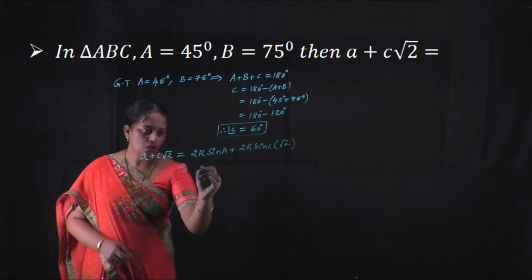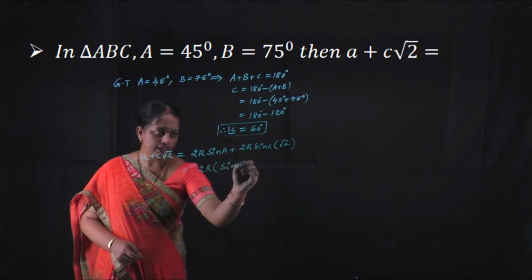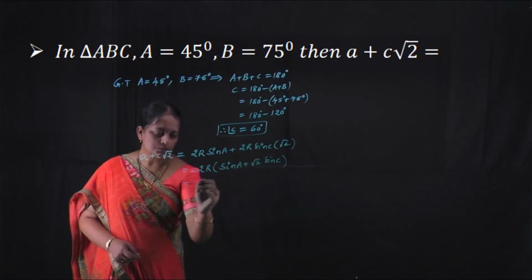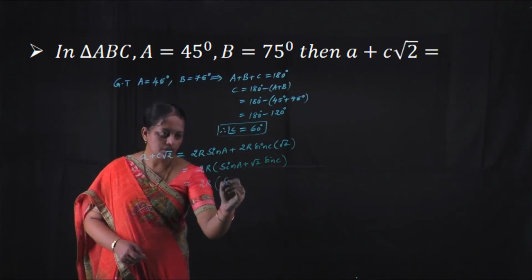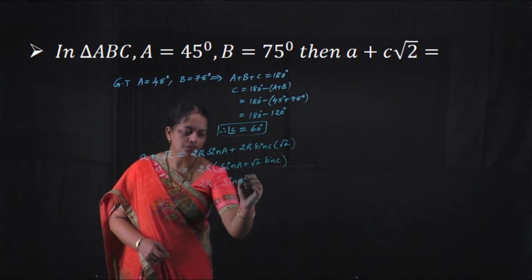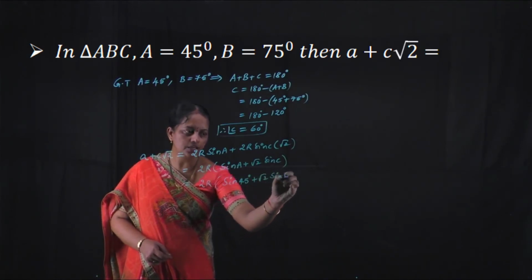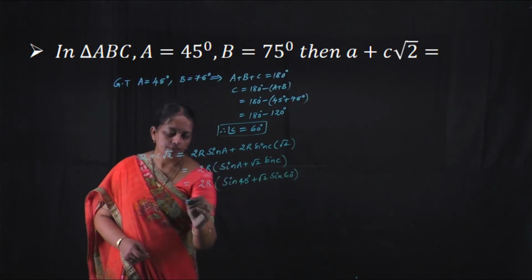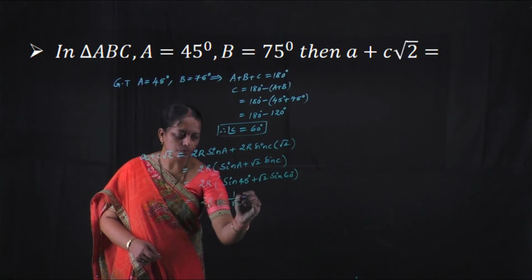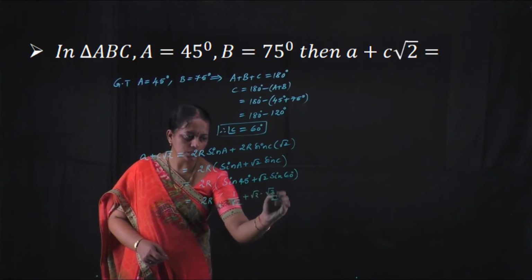By taking 2R as common, we get 2R into sine A plus root 2 into sine C. Substitute the angles A and C, we get 2R into sine A means 45 degrees plus root 2 into sine C means 60 degrees. This is equal to 2R into sine 45 means 1 by root 2 plus root 2 into sine 60 means root 3 by 2.